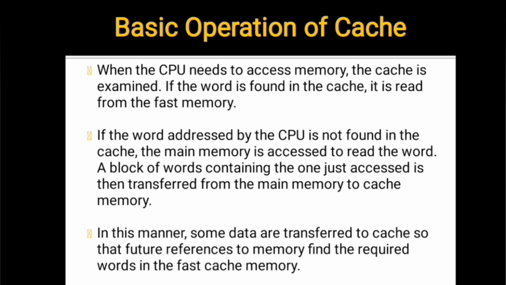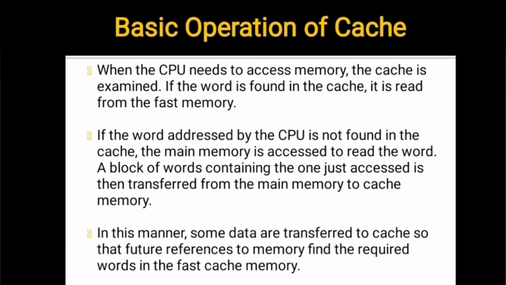Whenever a CPU needs to access memory, or whenever a CPU requests some data to be read from the memory, the first memory examined by the CPU will be the cache memory. So first of all, the CPU is going to search for that data in the cache memory rather than in the main memory.